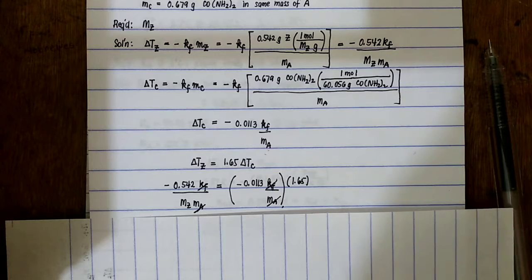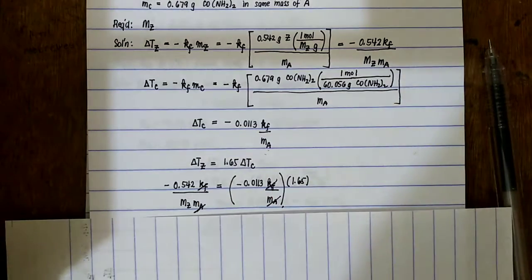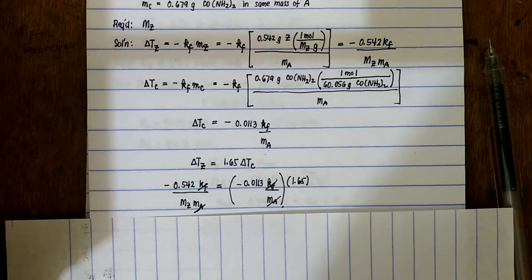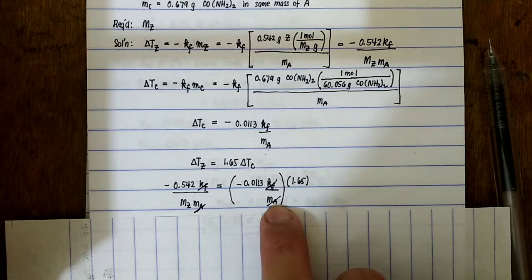On both sides of the equal sign, we can see that Kf can be cancelled out. This is because in both the unknown compound Z and our urea, the same solvent is used. Also, M sub A can be cancelled out since in both cases, the same mass of solvent was used.